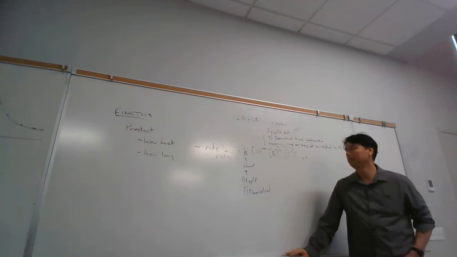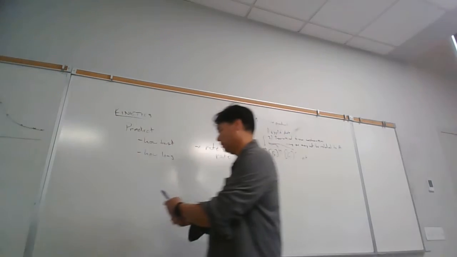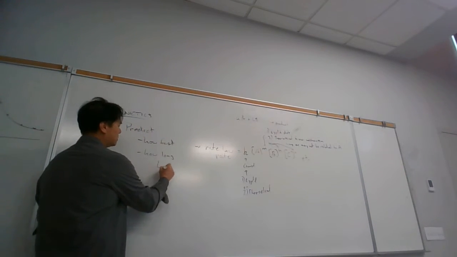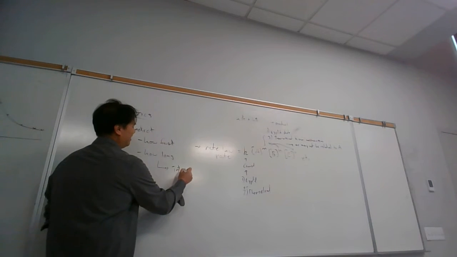Well, how long we have to limit ourselves. The question for how long something is going to take is going to be answered by something called the integrated rate law.